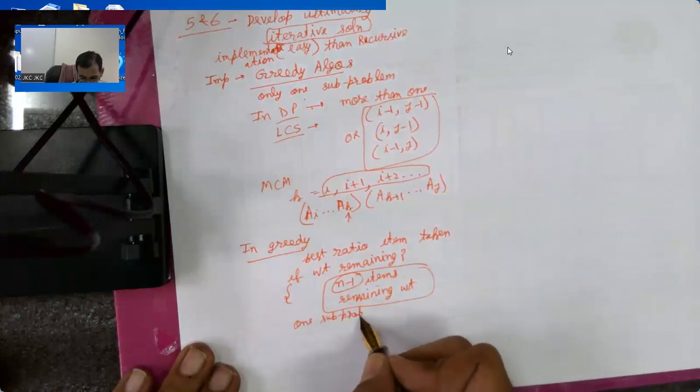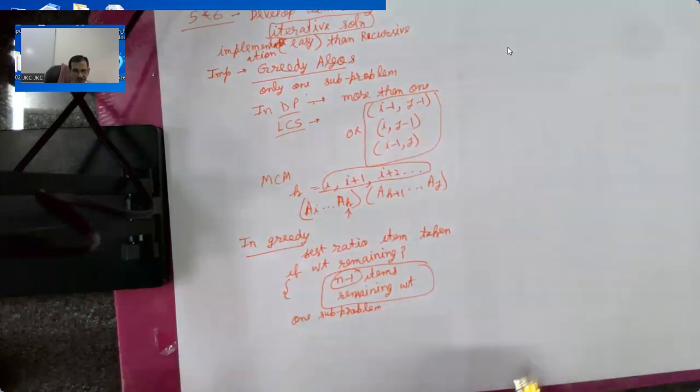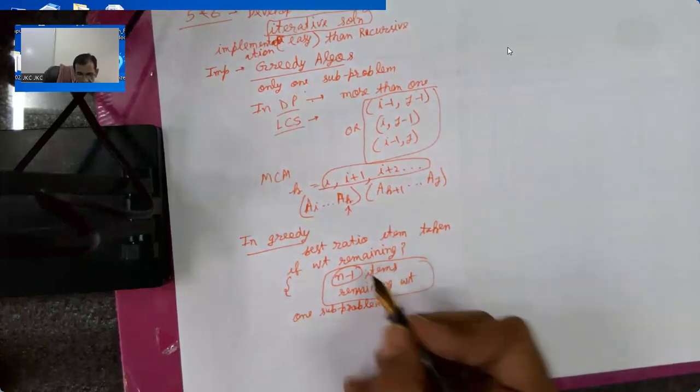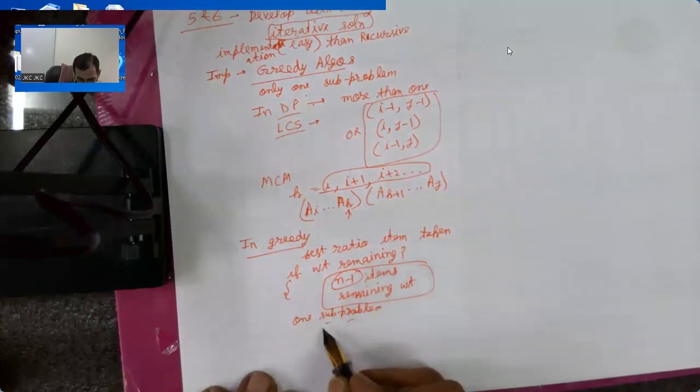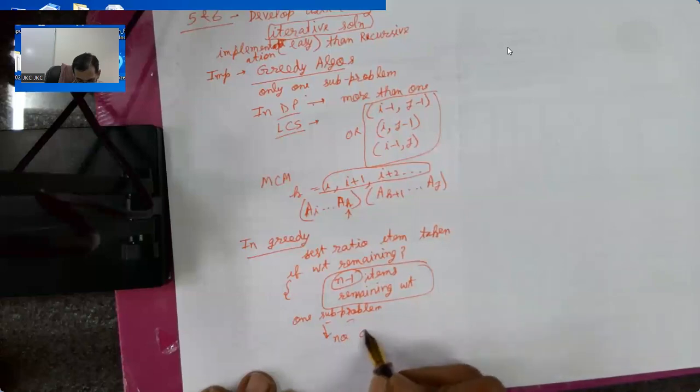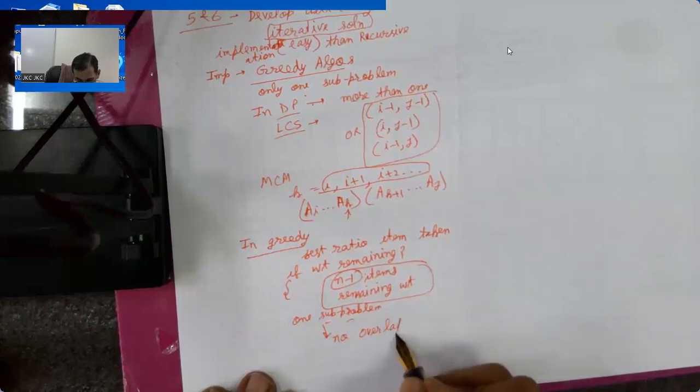Even if you solve it iteratively or recursively, it's one subproblem. You will keep on going into solving it ultimately. One subproblem automatically means no overlapping comes into picture.